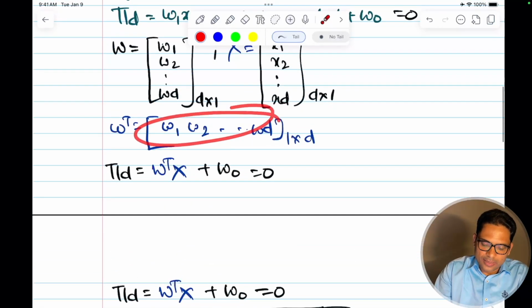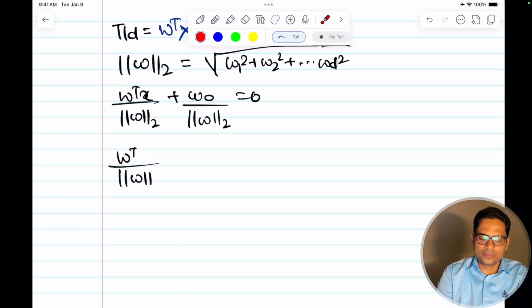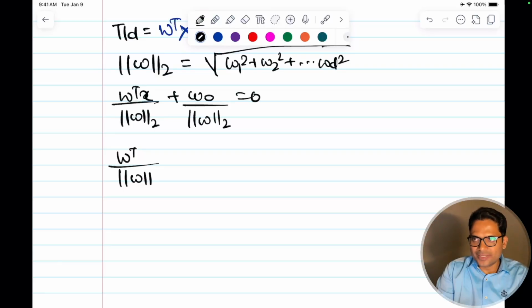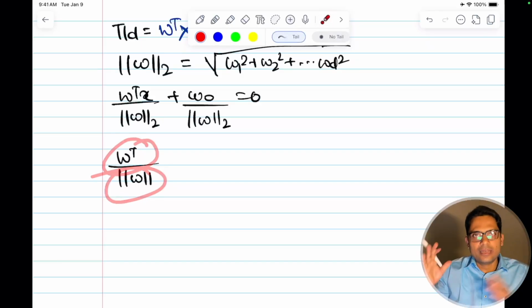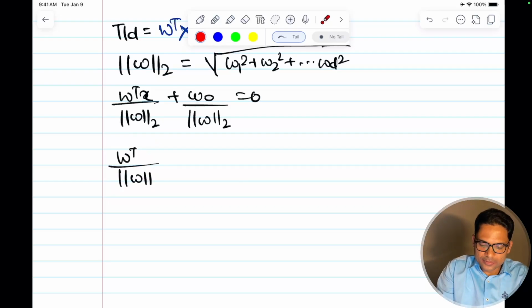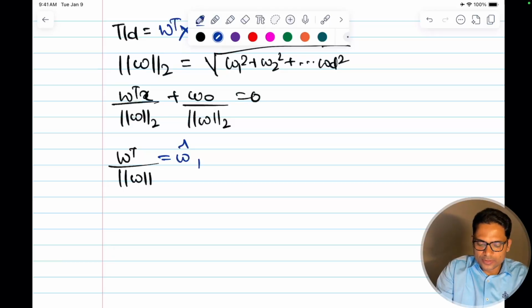If I divide it by its length, will I not get the unit vector? So if I divide the vector by its length, I'll get a unit vector. This is a unit vector, means length 1.